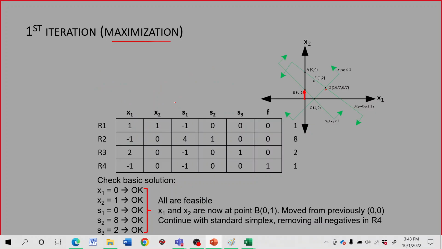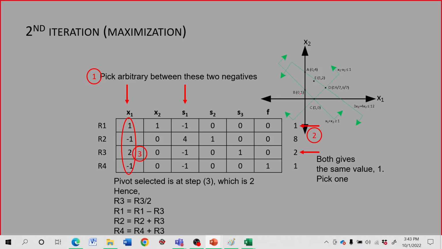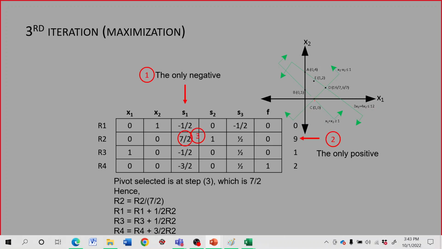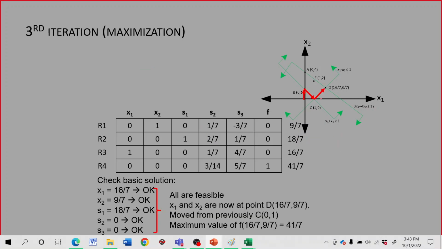So it moves from 0 0 to point B, and then it moves to point C, and then on to point D. By the time it reaches point D, it knows already that this is the maximum value. Why it knows it, you have to watch that video.